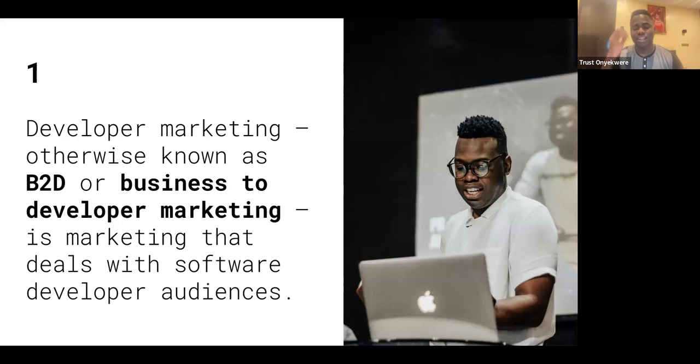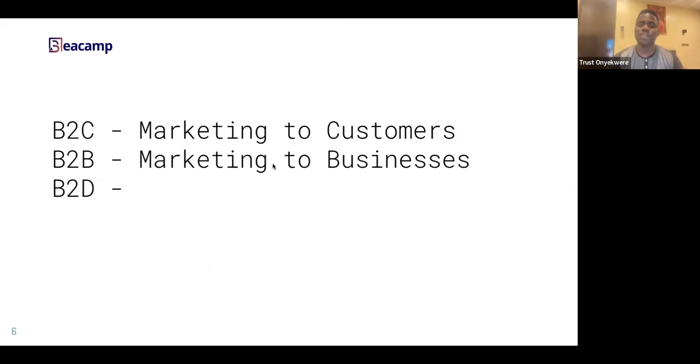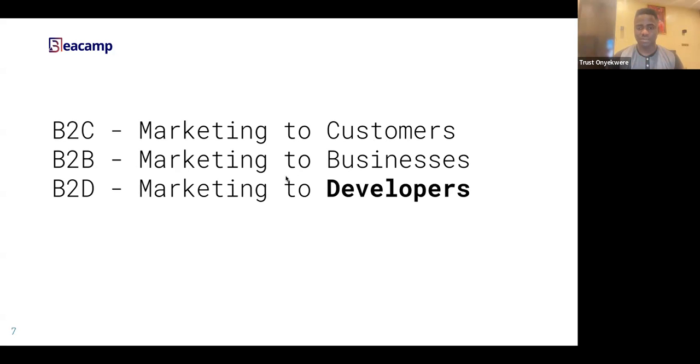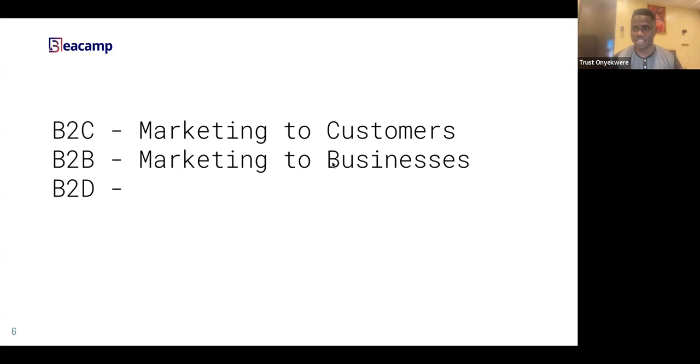In a proper marketing space, we have B2C, where you market to customers. For example, Kuda is a B2C company because they're marketing to customers. B2B essentially means marketing to businesses.